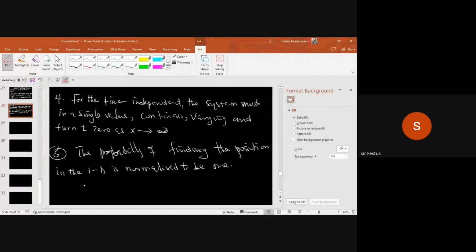So you have this, the integral of psi squared dx equals 1, from negative infinity to infinity. So these are the two ways that we can express the Schrödinger equations. One is the time dependent, the other one is the time independent. And the interpretations are what we have.